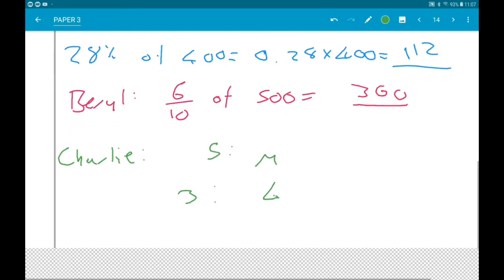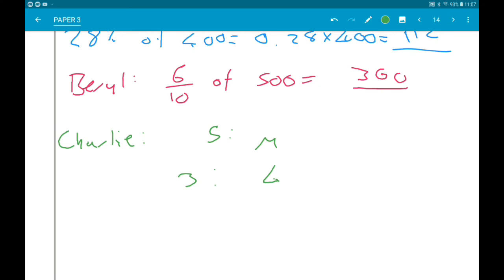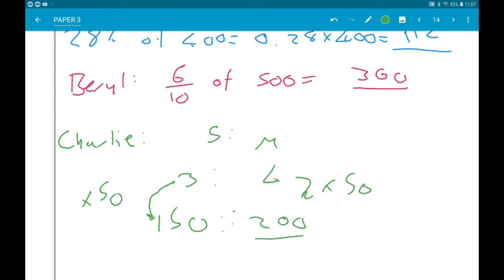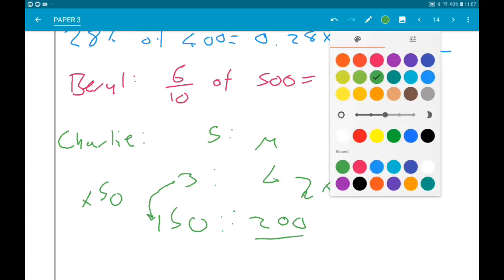Now we know he actually buys 150 small packs. So to get from the ratio to 150, we multiply by 50. So we do the same for the medium. 4 times 50 is 200. So Charlie buys 200 medium packs.